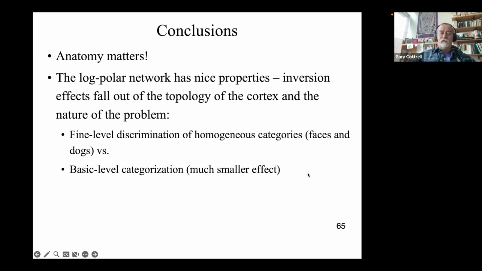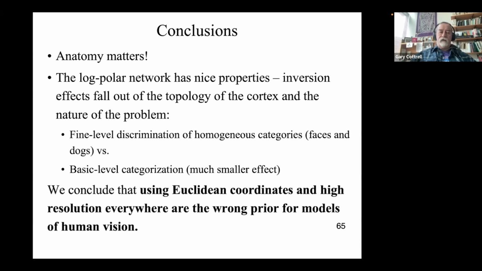They also have this rotation and scale invariance, but again, you lose translation invariance in the original image. But we think that it's more biologically plausible to model humans that fixate on objects at multiple locations. So we conclude that using Euclidean coordinates and high resolution everywhere is the wrong prior for models of human and primate vision.